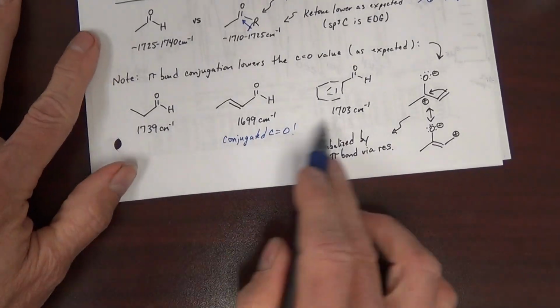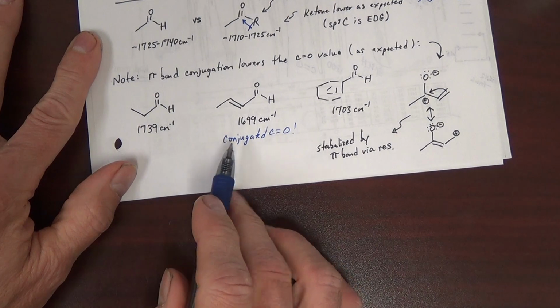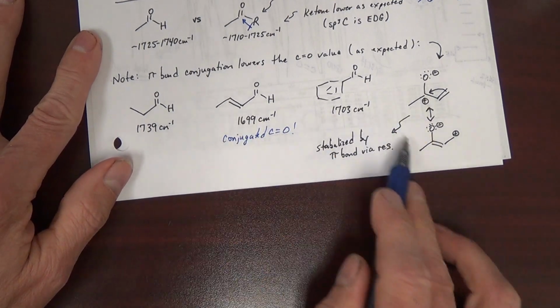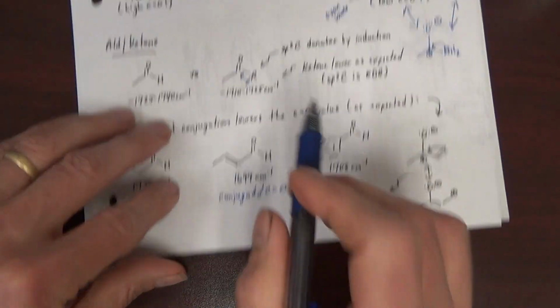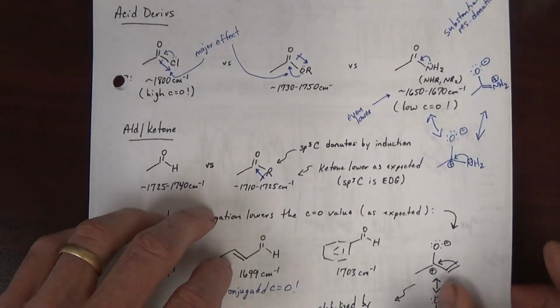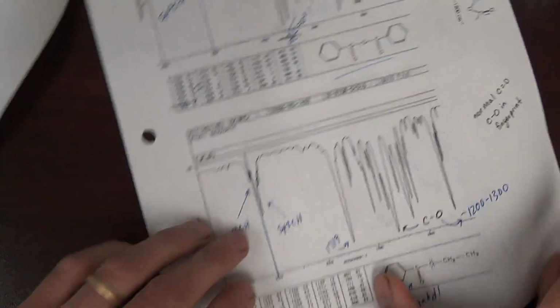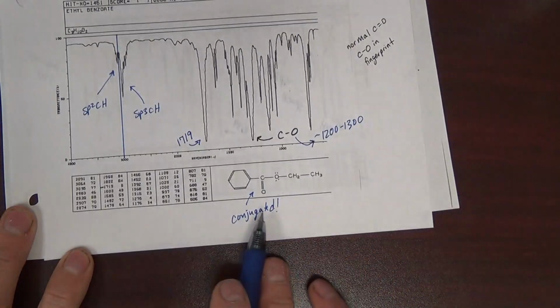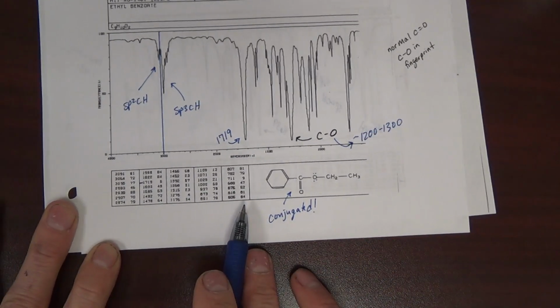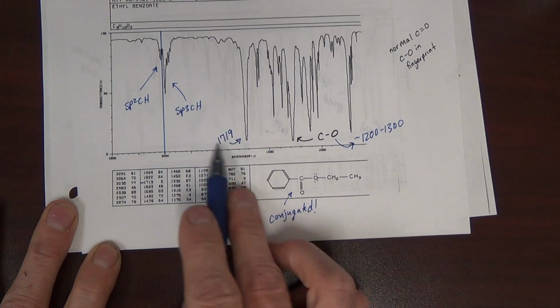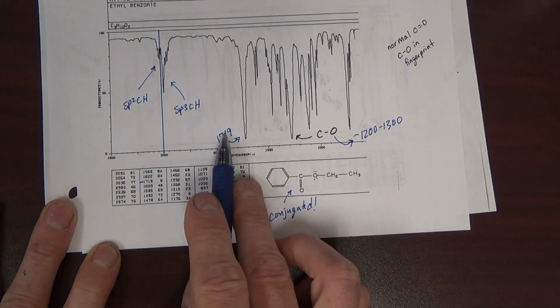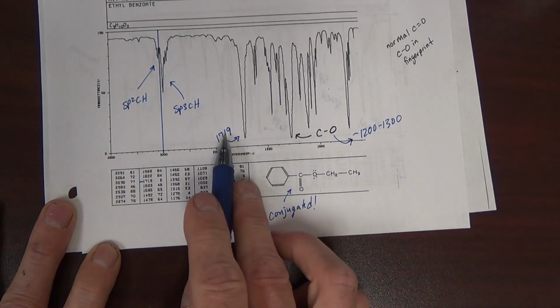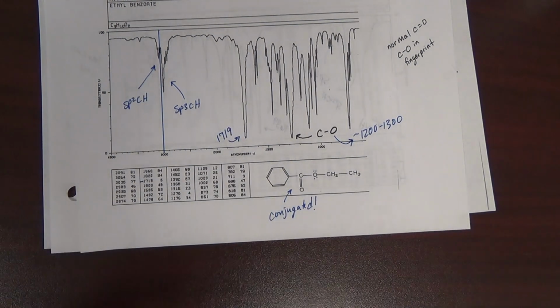But I also then showed you the conjugation. And I only showed you conjugated aldehydes or ketones here, but you can have conjugated other things. For example, we did see one where we had a conjugated ester, and the carbonyl was lower than the non-conjugated value, which would be more like 1740 or so.